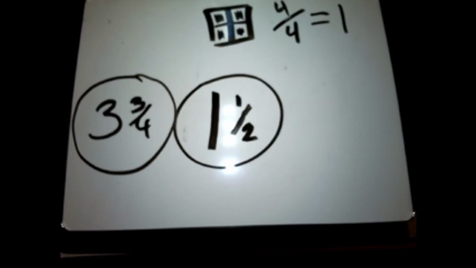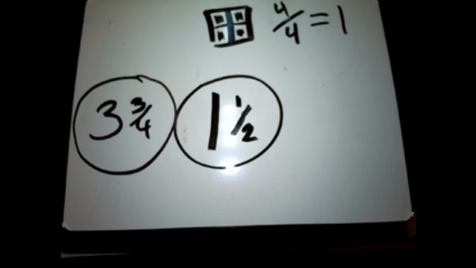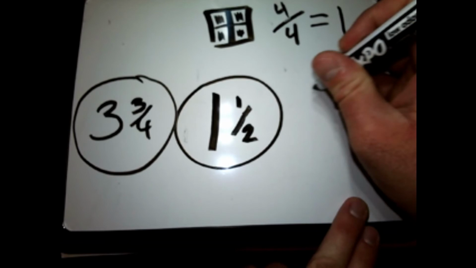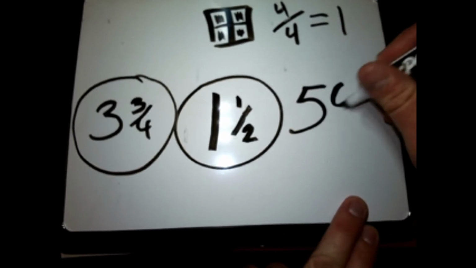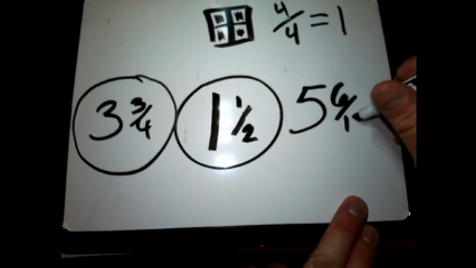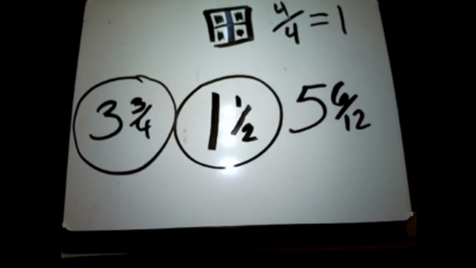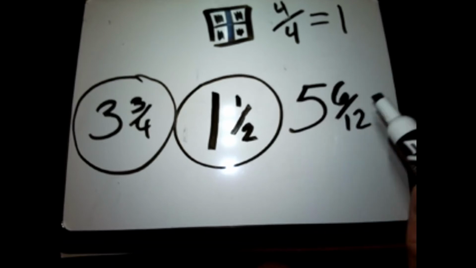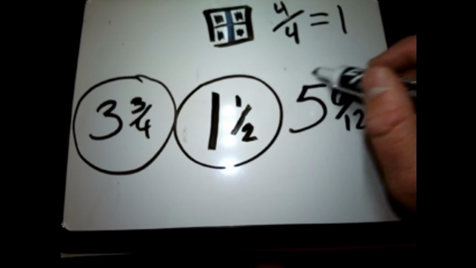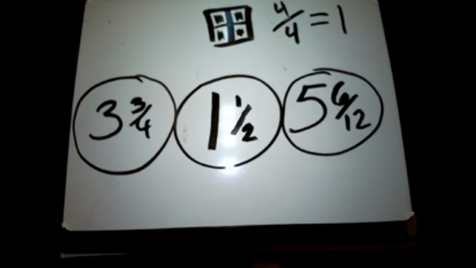And then lastly, we could have something like 5 with 6 over 12. This too is a mixed number because you've got your big number partnered with your fraction.